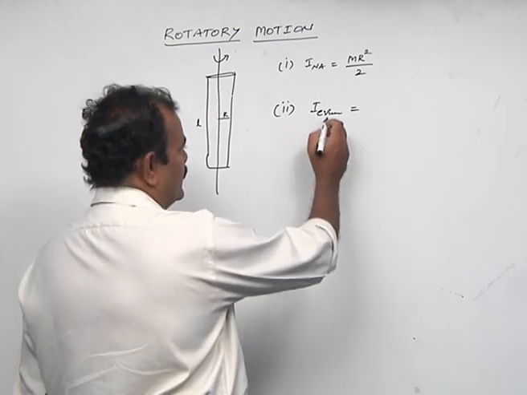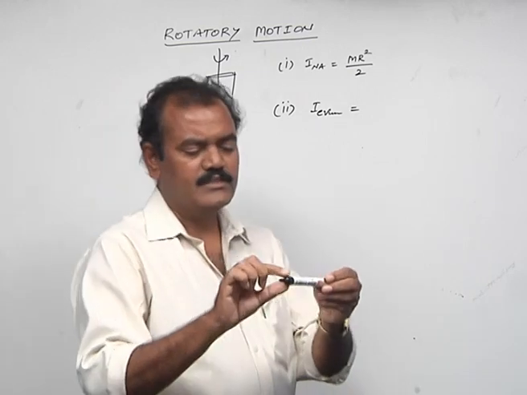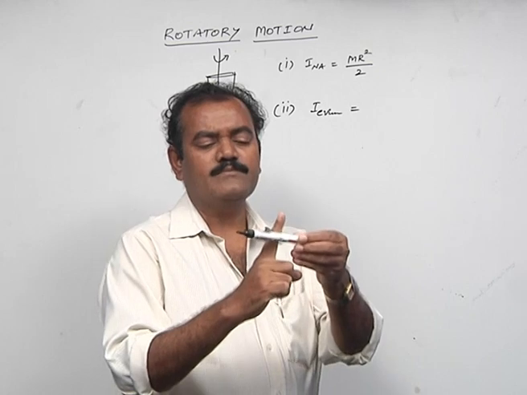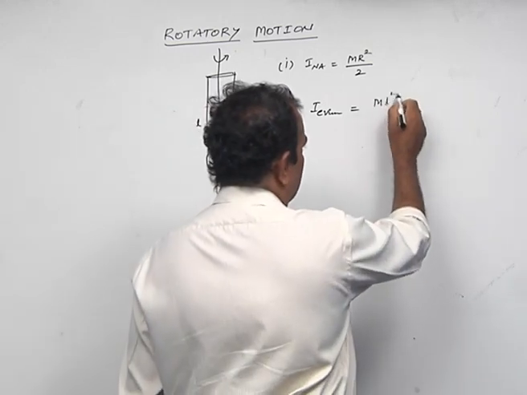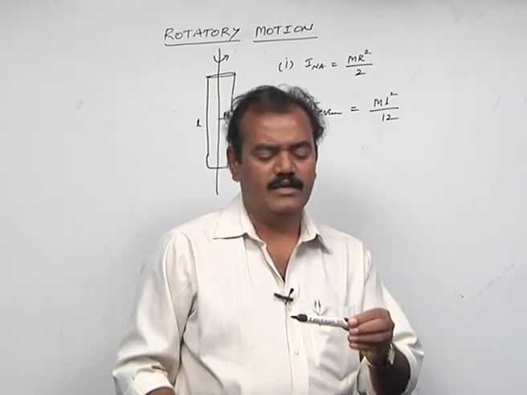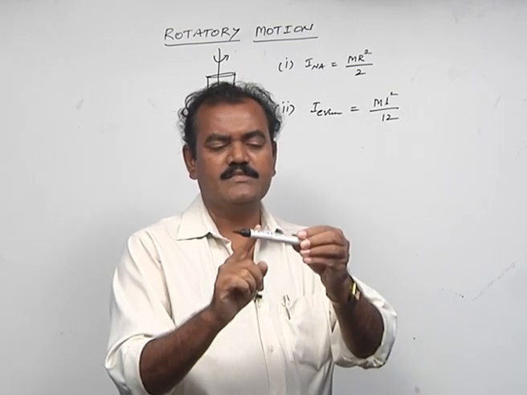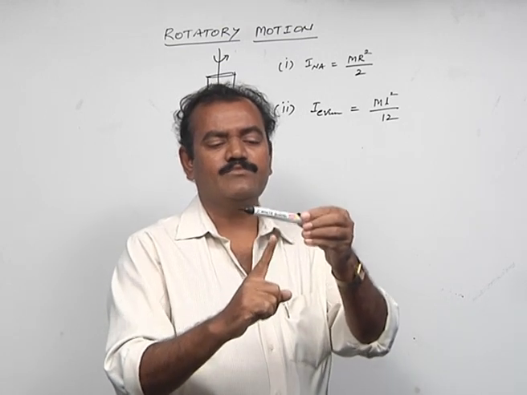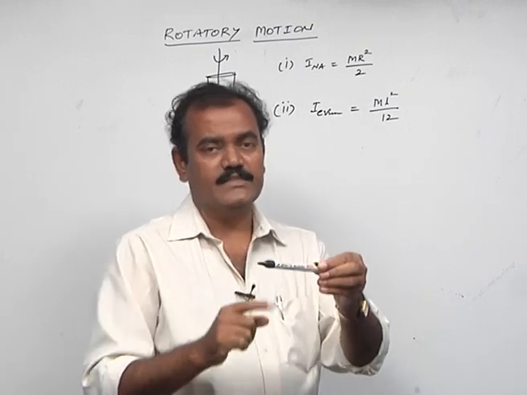So in this case, I equatorial axis: suppose this cylinder is considered a uniform thin rod, then naturally this becomes the axis which has the formula ml square by 12. And similarly, suppose you are considering the elementary section, any cross section of that cylinder, taken as the disc, and this axis is nothing but the diametrical axis which is passing through the center, that is, the diametrical axis of that disc.